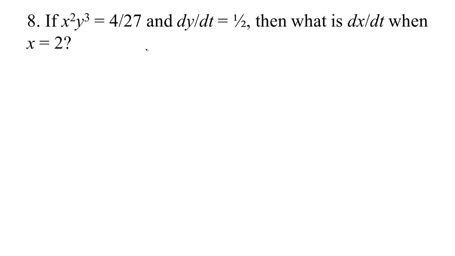Okay. Another one. Here we have a relationship between x and y. They tell us the rate of change for y, and they want us to find the rate of change of x with respect to t. So again, we just differentiate both sides of our relationship with respect to t.